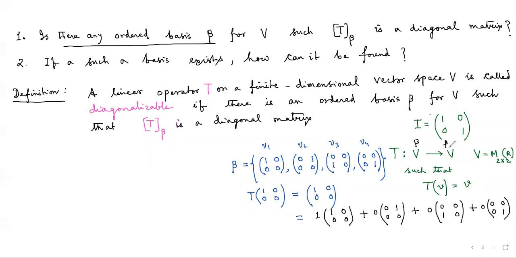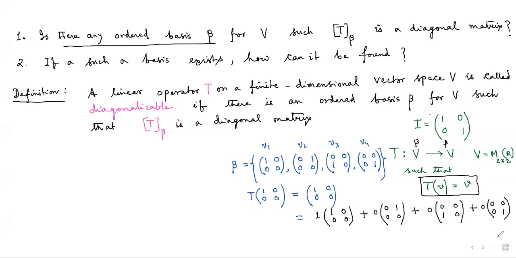Here the codomain is of course beta, so we will try to represent this particular element 1 0 0 1 in terms of these basis elements only. And in this manner, if you try to find out the matrix representation, you will definitely find a diagonal matrix with respect to this transformation T(V) equal to V.